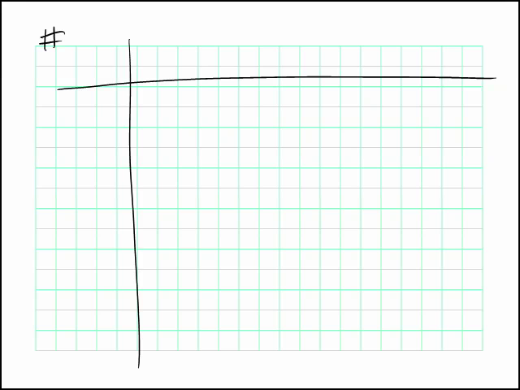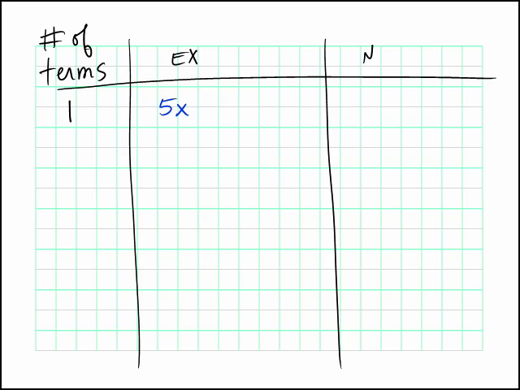Now, there are some special names for polynomials, depending on the number of terms they have. If a polynomial has only one term, for example, 5x is a polynomial that only consists of one term, then we call that a monomial.